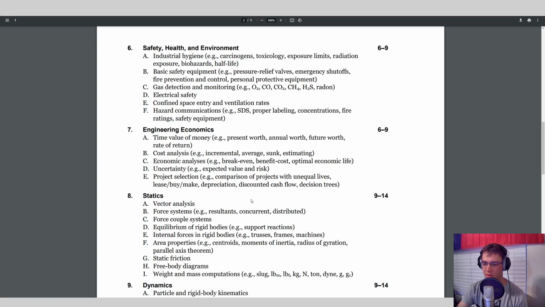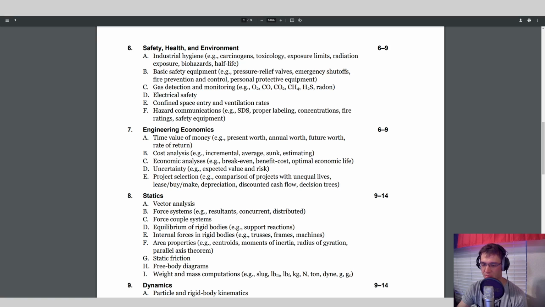within my coursework. Engineering economics, time value of money, very important in any economic calculations. Cost analysis, economic analysis, uncertainty, project selection. Comparison of projects with unequal lives, very relevant to me.